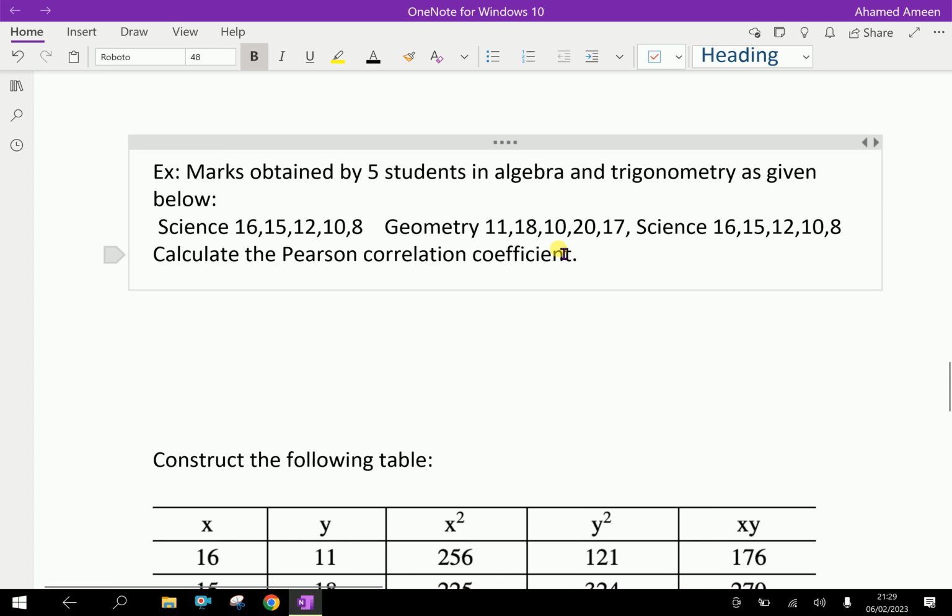Geometry marks are 11, 8, 10, 20, 17. Now calculate the Pearson correlation coefficient. Here let the science marks be the x variables and the geometry marks be the y variables.